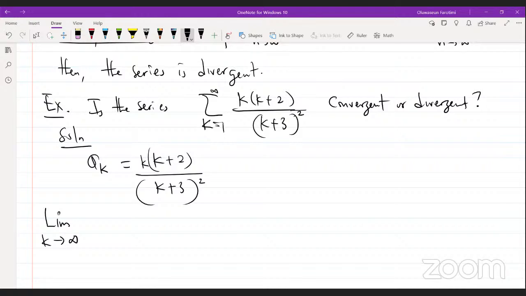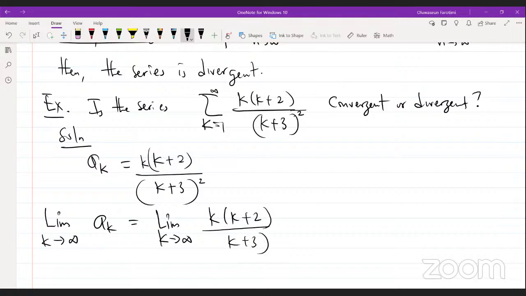I need to mention that the test for divergence is only used to show divergence. You cannot use the test for divergence and conclude that the series converges. That's not true. When you use the test for divergence, your conclusion can only be divergence. So what is this going to be as k goes large? This is k plus 2 over k plus 3, all squared.